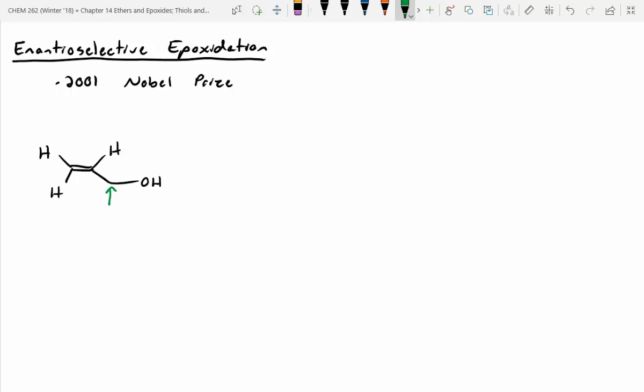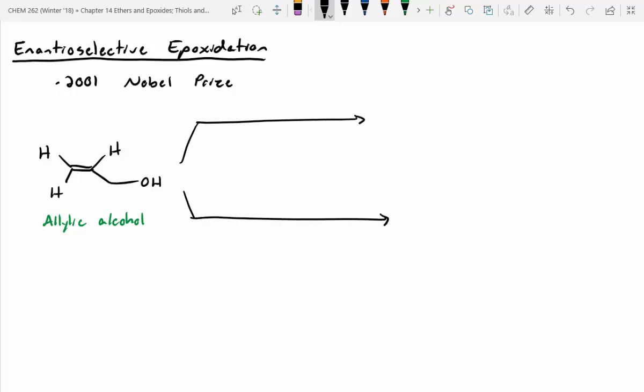It's allylic, right? So this is an example of an allylic alcohol. And what he found was you could selectively get one enantiomer over the other by changing your reagents.